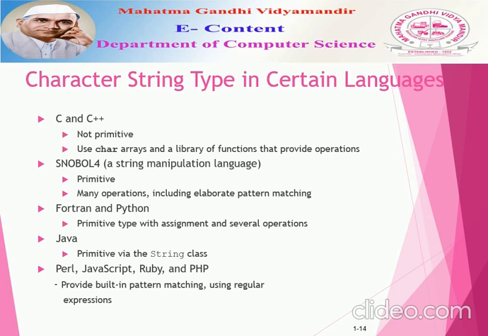In Fortran and Python, it is a primitive type with assignment and several operations provided. In Java, it is primitive via the String class. In Perl, JavaScript, Ruby and PHP, they provide built-in pattern matching using regular expressions. So various languages use either primitive or non-primitive types.